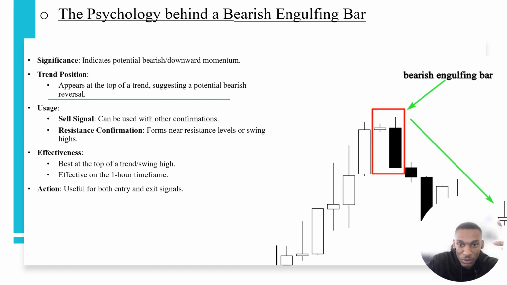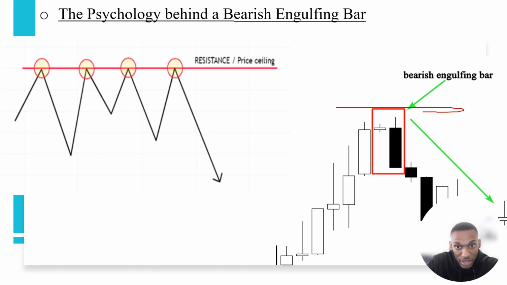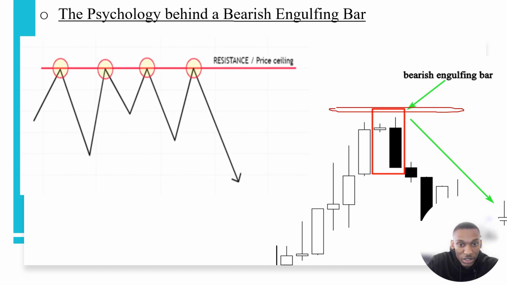And another thing I want you guys to keep in mind is when you see this pattern at a certain level. Let's say you see it again at the top of a trend near a resistance level. You are analyzing, and you see it forming near a resistance level at the top of an uptrend. What does it mean? It can signify a sell confirmation, like a sell signal.